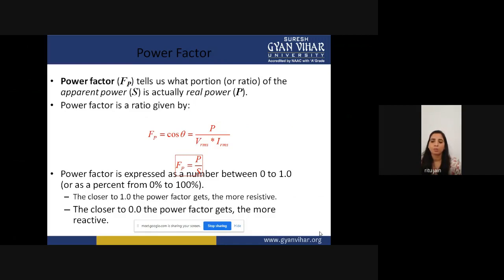The closer to 0.0 the power factor gets, the more reactive. If the power factor is closer to 0, then the load is more reactive. In the ideal case, the power factor angle phi must be 0, meaning the angle between voltage and current must be 0. So cos 0 is equal to 1.